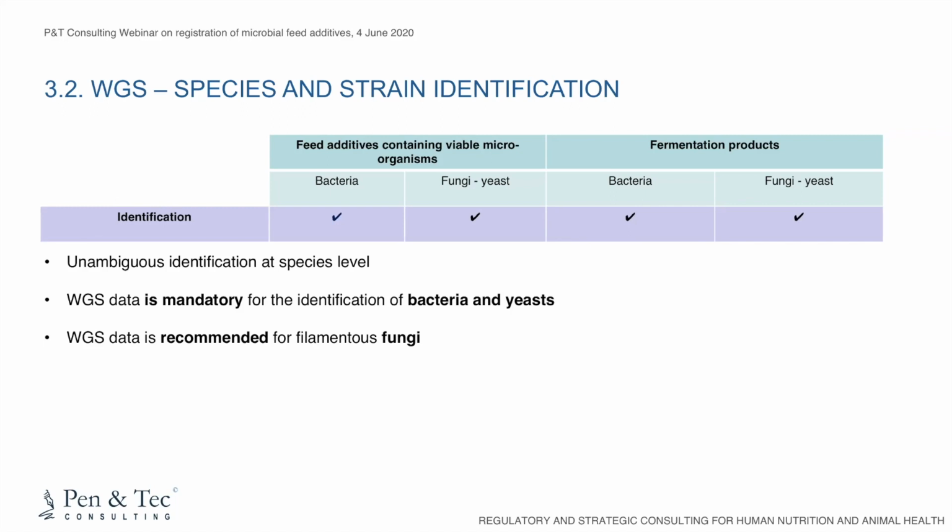From our recent experience with EFSA, we have observed that sometimes the analysis of the 16S sequences alone is not considered sufficient. So therefore, we recommend using phylogenomic methods. For yeasts, the taxonomy can be established by phylogenomics, by comparing specific sequences to relevant databases, or by alignment to a complete genome from the same species.